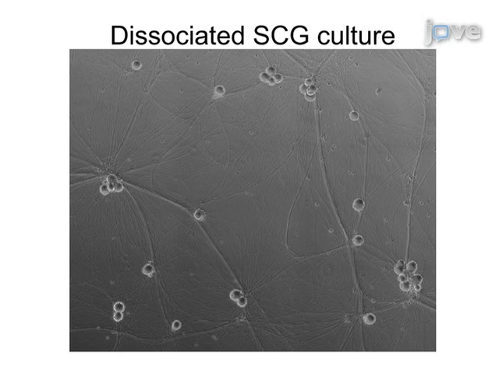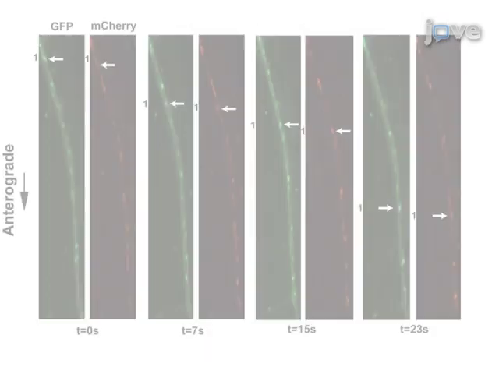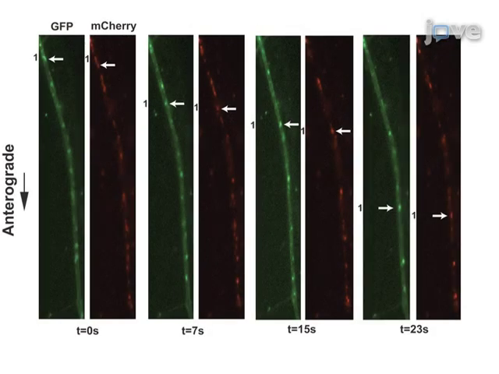In this phase contrast image, a representative mature dissociated superior cervical ganglia, or SCG, culture employed for anterograde virion transport imaging is shown. Pseudorabies virus, or PRV348 infected neurons express GFP-US9 and GM-M-cherry membrane fusion proteins.